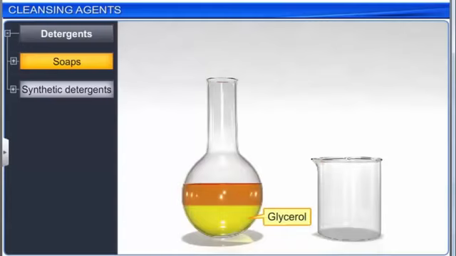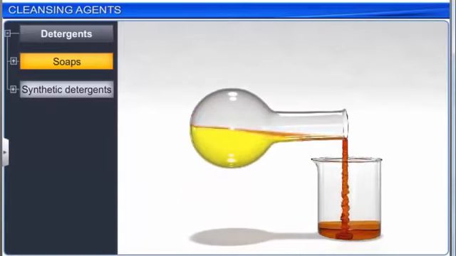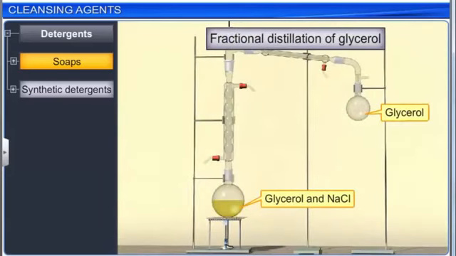The glycerol dissolves in the salt solution, but the soap is insoluble and hence floats on the surface of the solution, from where it is removed. Glycerol from the solution is recovered by fractional distillation.